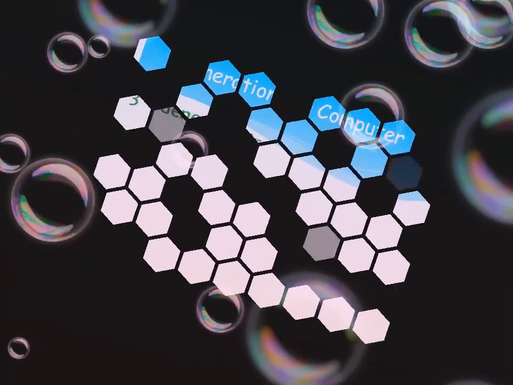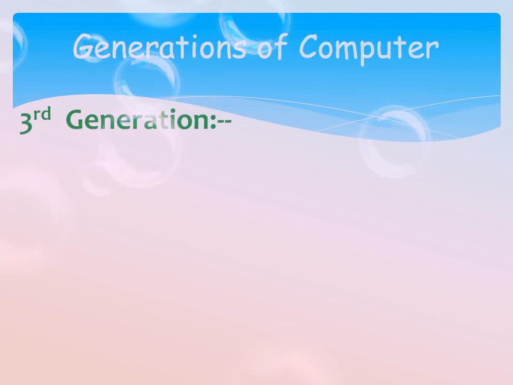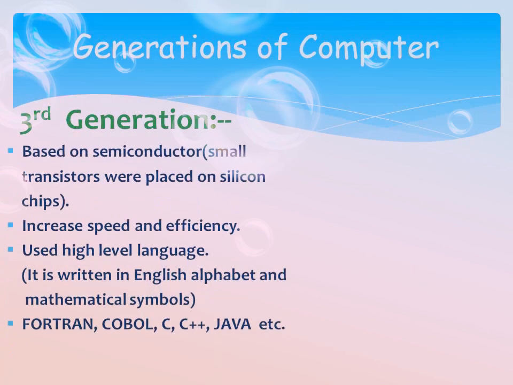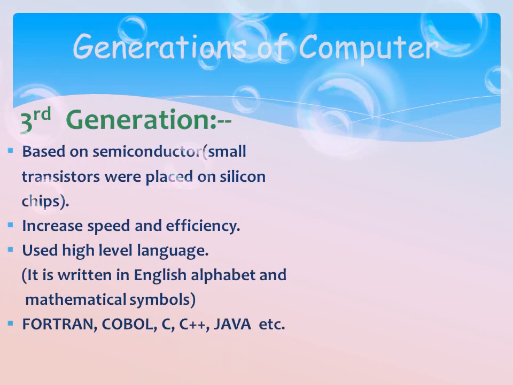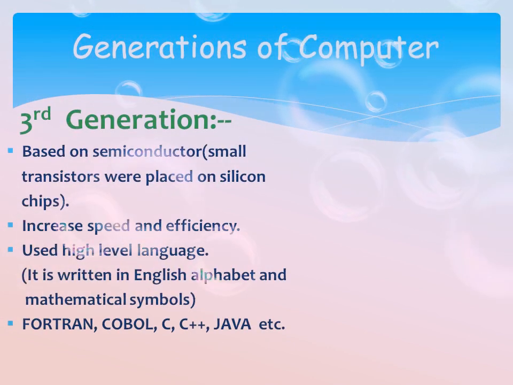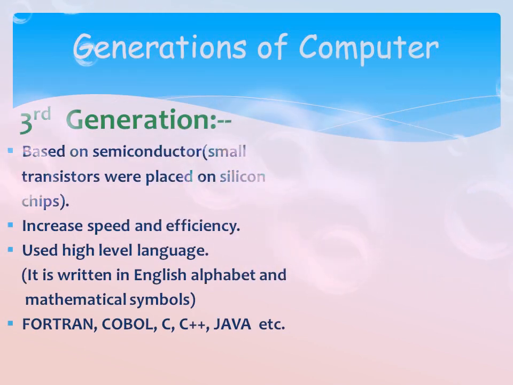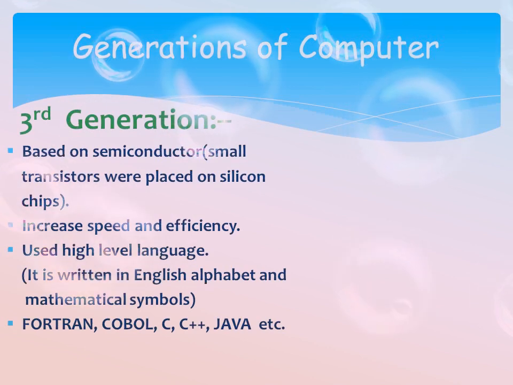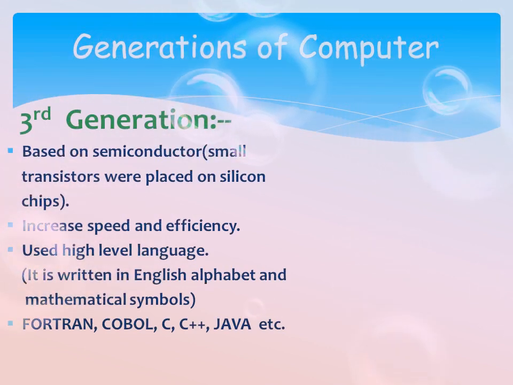And then third generation computer. Third generation computer is the integrated circuit based computer. Small transistors were placed on silicon chips called semiconductors. This semiconductor increased the speed and efficiency of the computer.